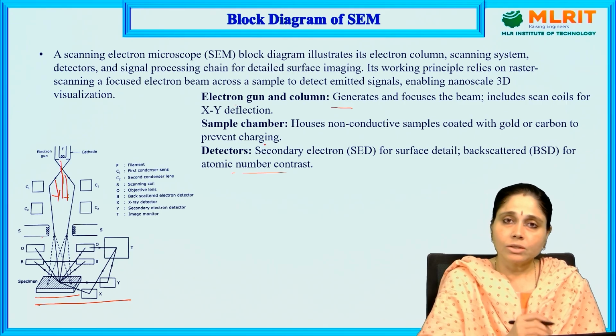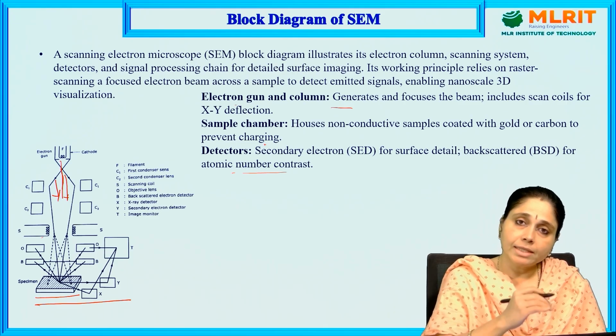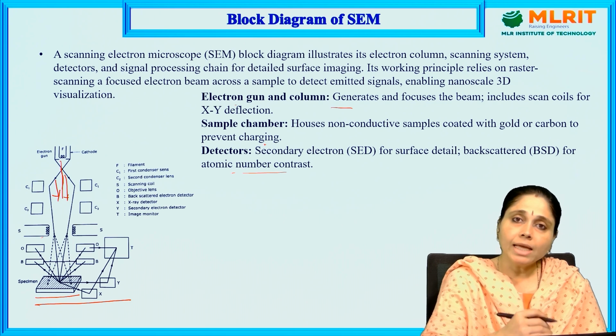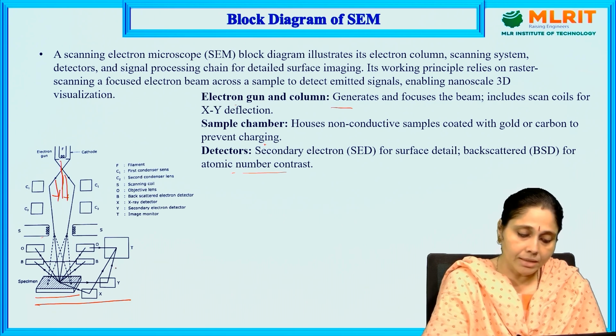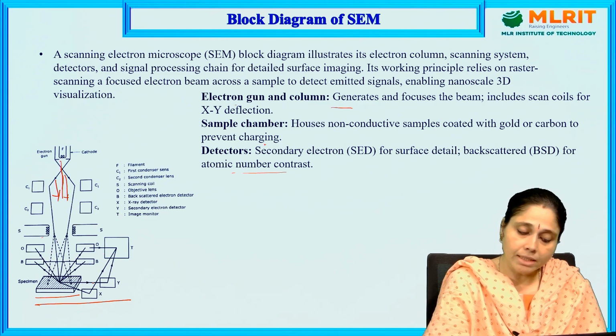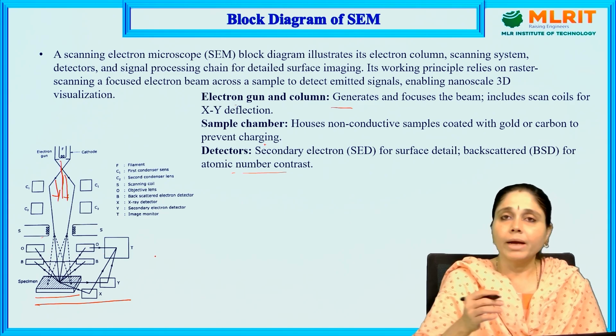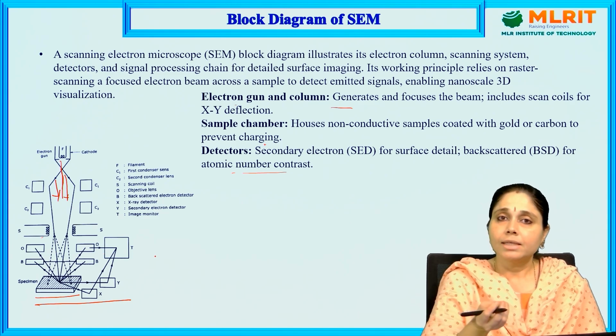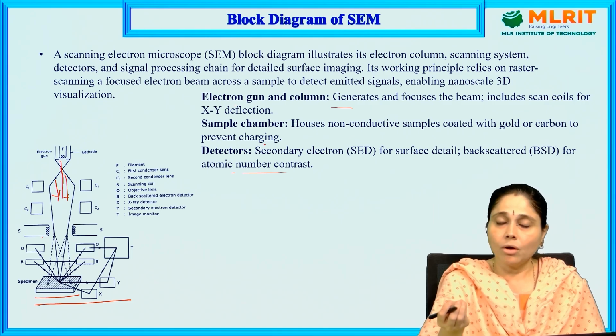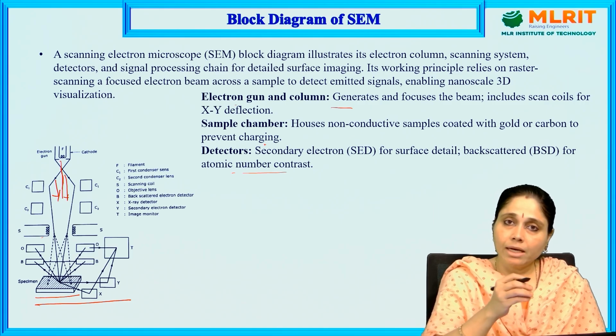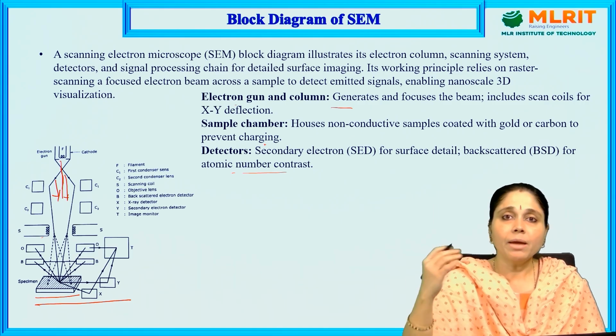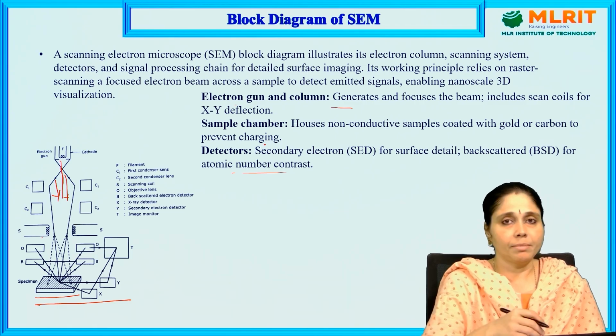Okay. So, the generated electrons will be scattered in all directions, and we can note the image by CRO. CRO is a cathode ray oscilloscope. Then it gives us the images of the particular specimen.